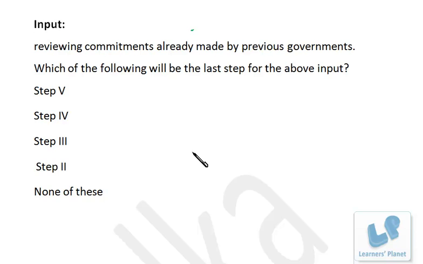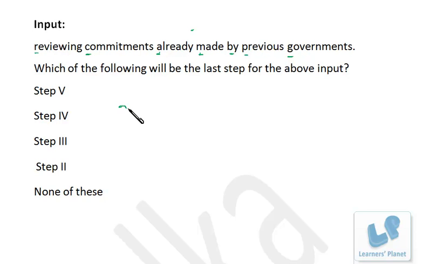Now in this question, which of the following will be the last step for the above input? Now we just mark the first letters because they are unique in the question. Right? In the first step, A and R will exchange their position.